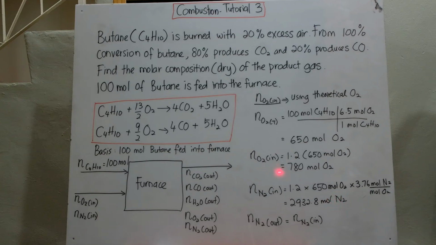Okay, so we have obtained N2 in, which is equivalent to 780 mole of O2. So N2 in is 2932.8 mole. N2 out is equal to N2 in because it does not react, so you get N2 out equivalent to 2932.8 mole of N2.